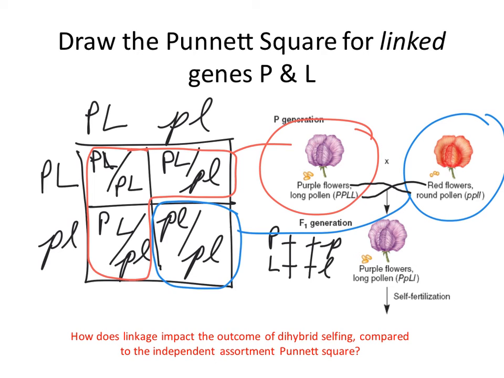So linkage affects the types of phenotypes we see when we do crosses. You get much less diversity when genes are linked. Things don't work the way we'd hope.